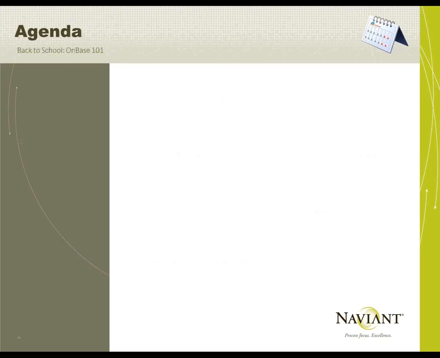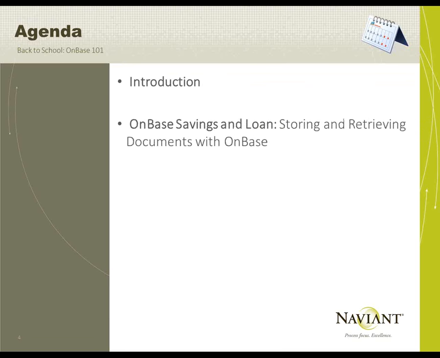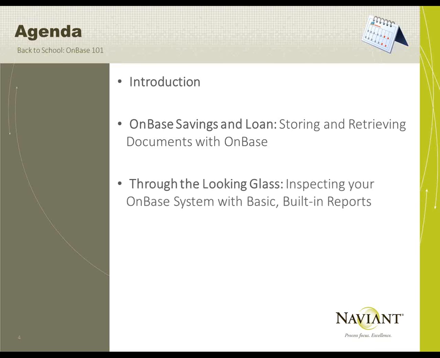So today we're going to be looking at some OnBase basics. I've split them up into three areas. The OnBase Savings and Loan, which is the umbrella term I'm using for storing and retrieving documents within OnBase: how you get documents in, how you get documents out, how you can find documents, and some of the basic processing you can do on those documents.